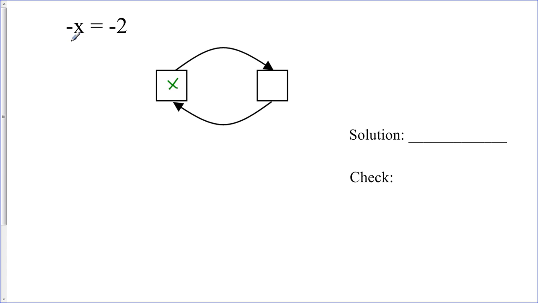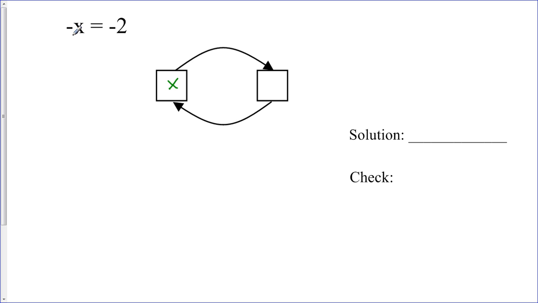Okay, then we ask ourselves, well, we don't see multiplication or division or addition or subtraction over here. We just see this expression, negative x. Well, you have to ask yourself, what operation on x changes x to negative x?